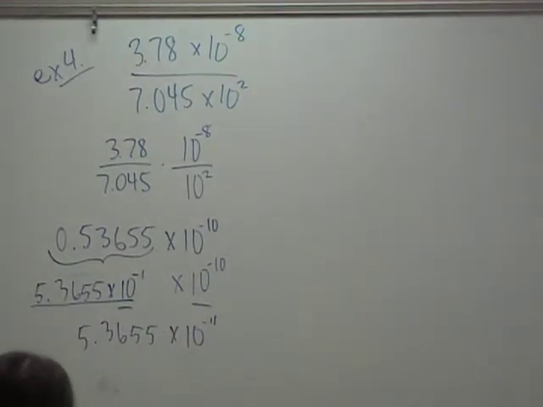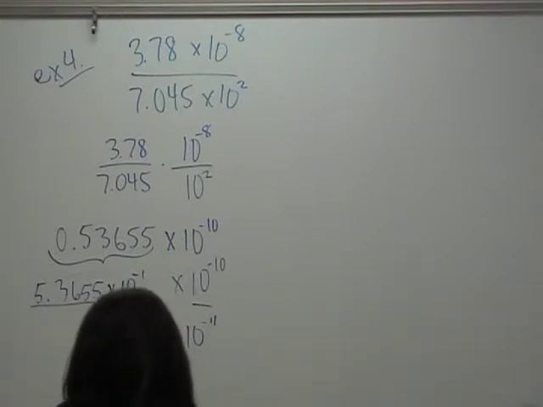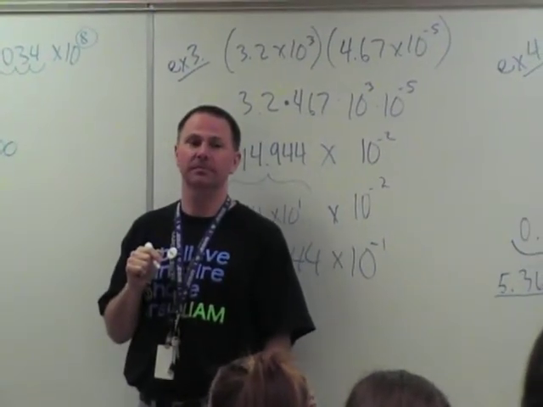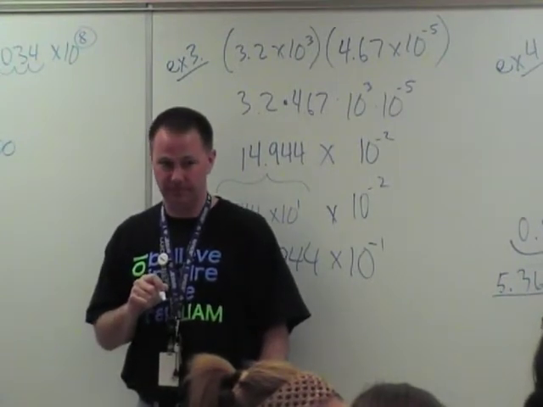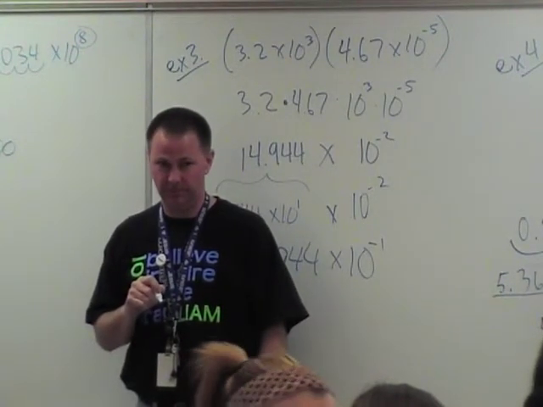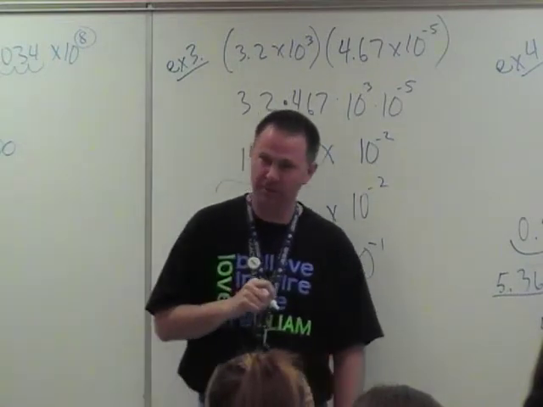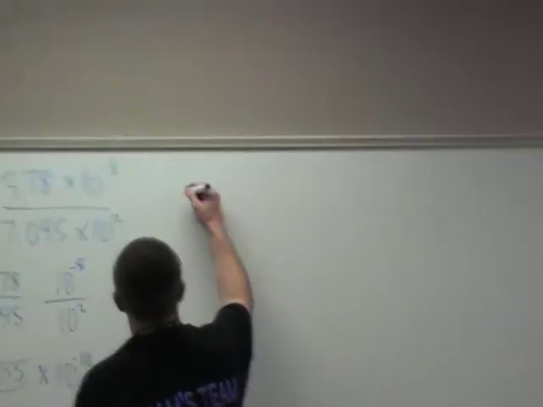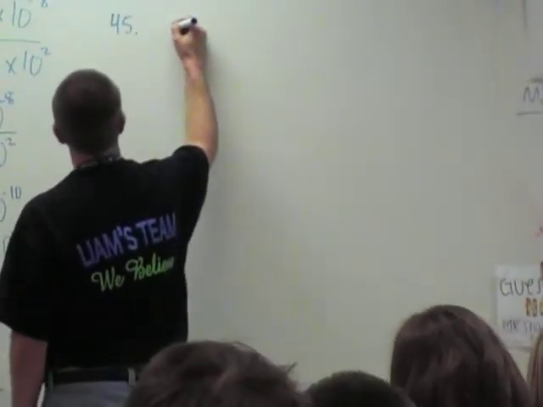Okay, so you have 4 different types of problems on here. Do you understand what to do? Yes. What if you have something in parentheses, scientific notation, with an exponent outside the parentheses? Reggie? What number is this? 45. Give me the problem.